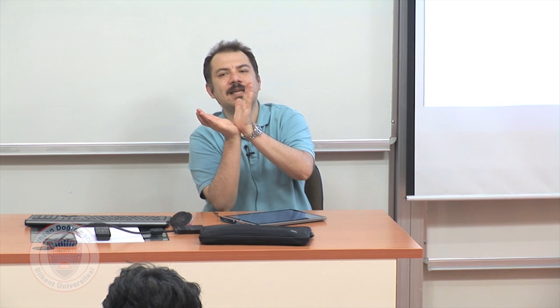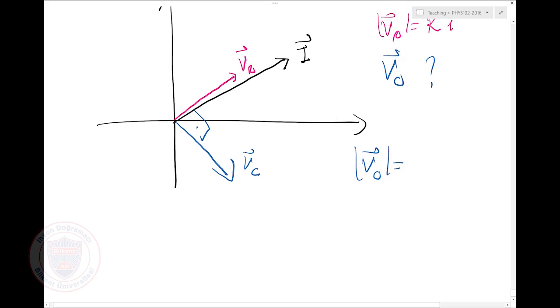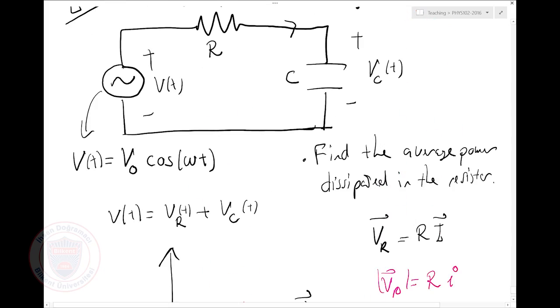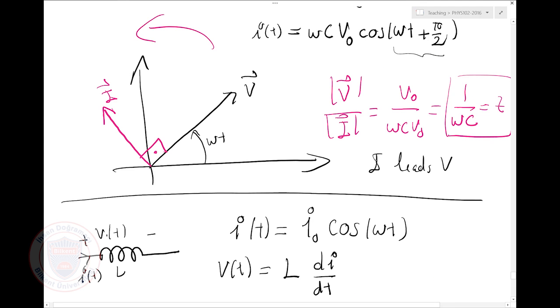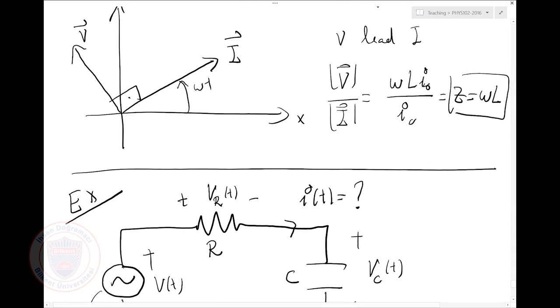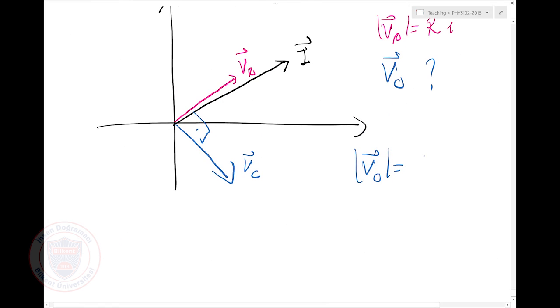It's lagging 90 degrees behind the current. How about the magnitude of VC? Well, what was the impedance for a capacitor, the ratio of voltage to current? It was 1 over omega C. So it must be 1 over omega C times I.